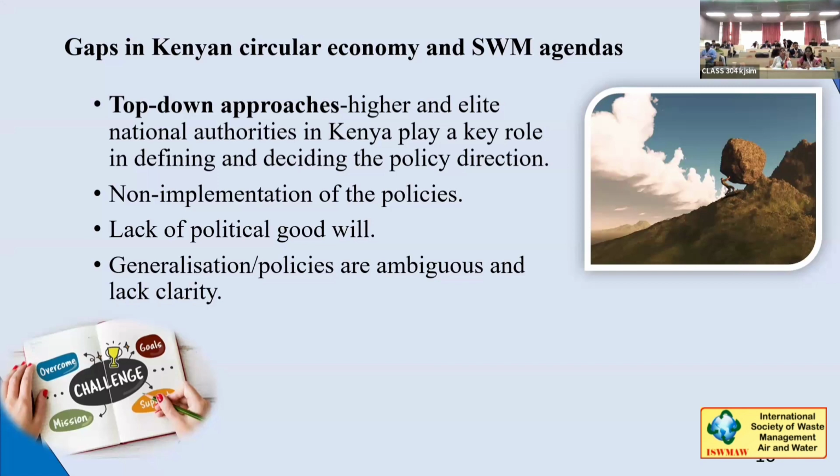And once this policy is implemented, it actually does not take full effect because the community cannot relate with what the policy is trying to communicate. This ties with the non-implementation because there's a lack of that community ownership of the policy.